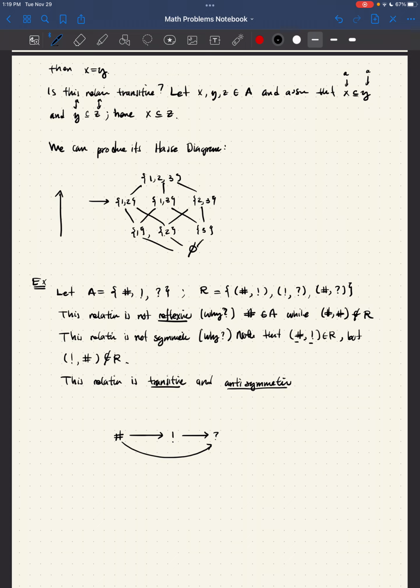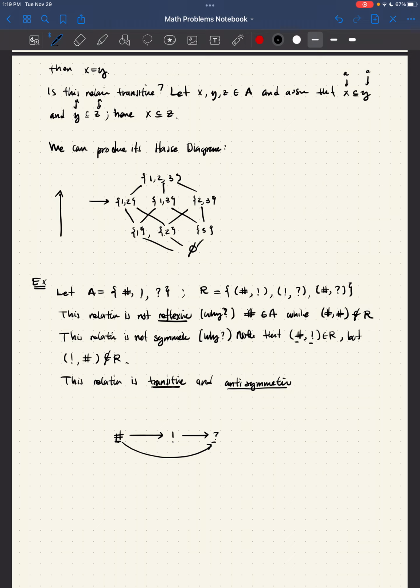So to test for transitivity, right? We should ask, well, what are the things that I can complete in 2 steps? Well, there's only one thing that I can complete in 2 steps, going from here to here. And then you ask, can you complete that in a single step? Yes.